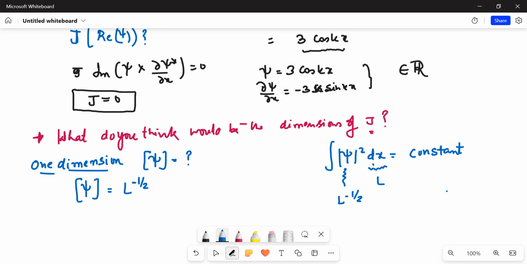Even if you don't get it, and even if you are exposed to BSc standard quantum mechanics, you know that for a one-dimensional infinite potential well, the wave function is given by root over 2 upon a times sin of n pi x upon a. The eigenfunctions are given by this. So it is inversely proportional to a, length raised to the power half. So from here also it is quite clear. Is that clear?